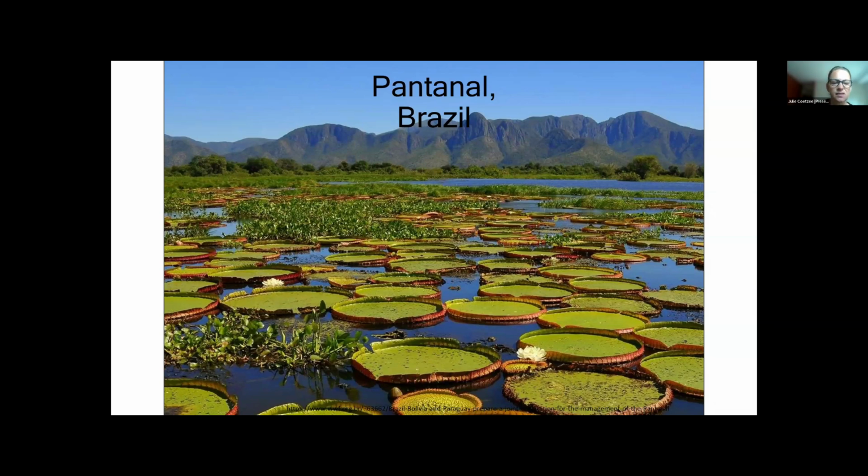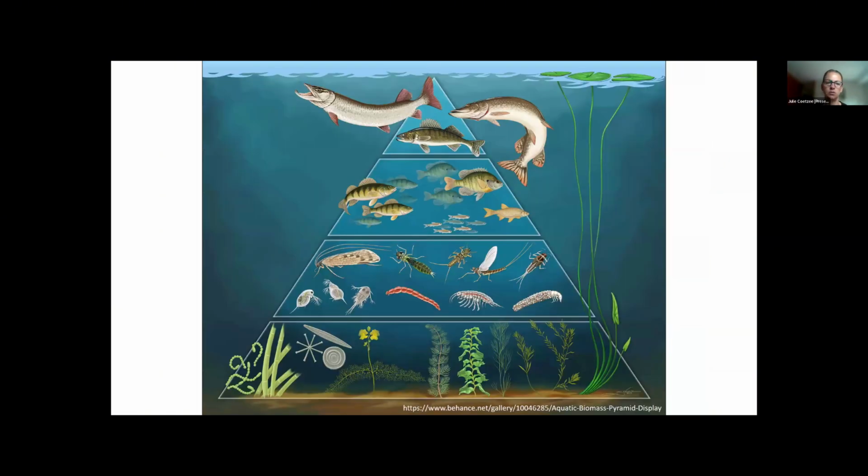And in fact, the water hyacinth doesn't even look that happy over here. So what happens when these plants are taken from their place of origin and introduced into a new area? We'll quickly have a look at a food pyramid or an energy pyramid in an aquatic ecosystem. And this is a generic one.